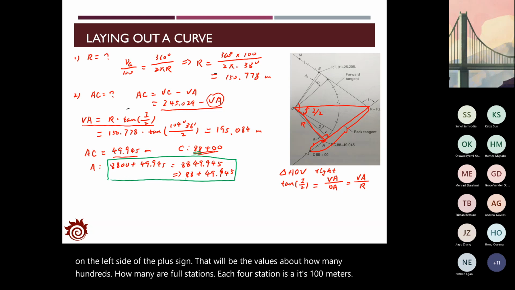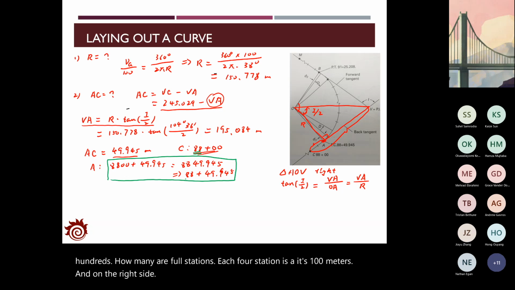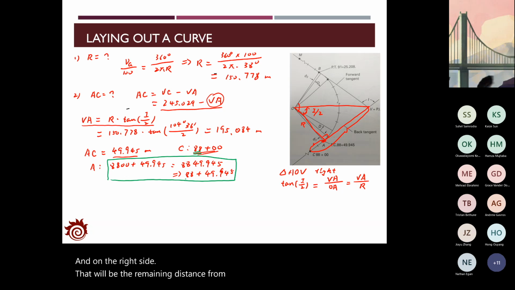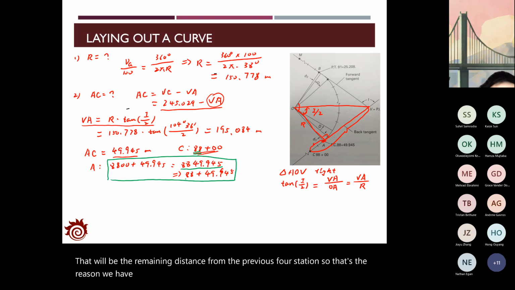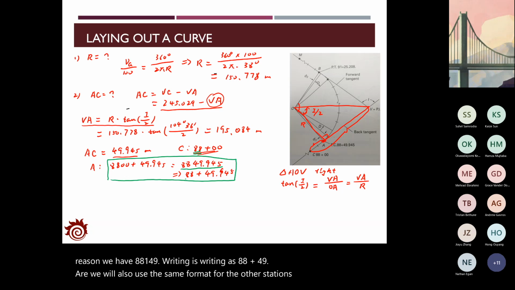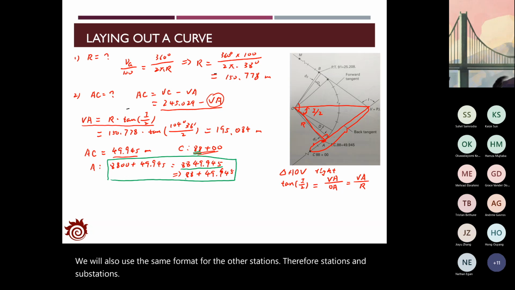And on the right side will be the remaining distance from the previous full station. So that's the reason we have 8849 written as 88 plus 49. We will also use the same format for the other stations, the full stations and substations. Okay, so that's what we get.